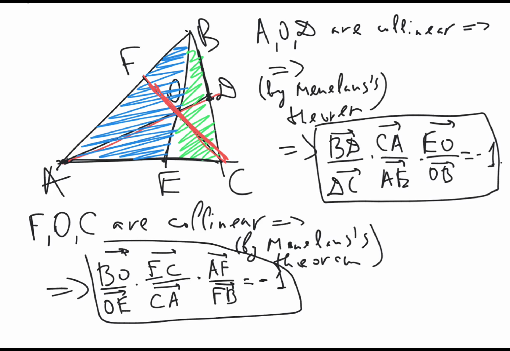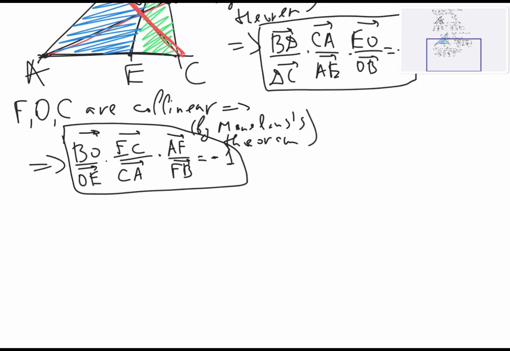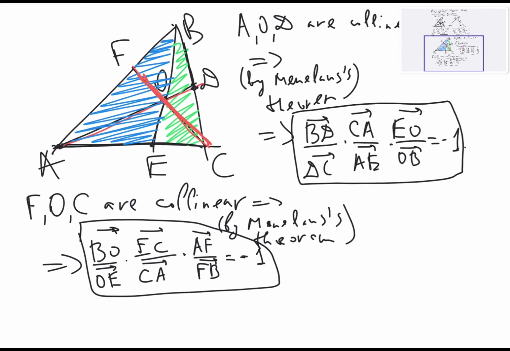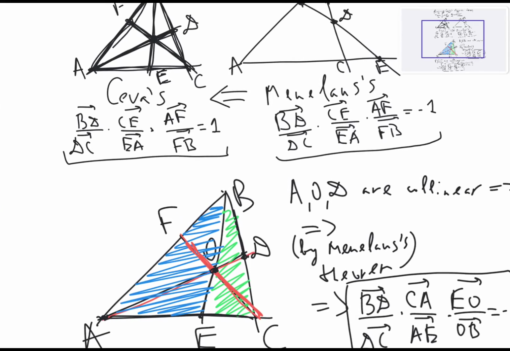to obtain what we need for the Ceva's theorem for the original triangle ABC. So notice that when we wrote these two equalities, we introduced this point O that shouldn't be included in the equality for Ceva's theorem.